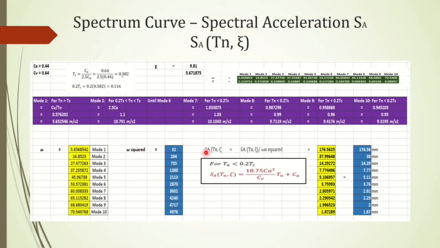So, we will just divide the spectral acceleration dito sa frequency squared, multiply it by 1,000 to get this value. 176.56 mm sa mode 1 and sa mode 10 is 1.87 mm.